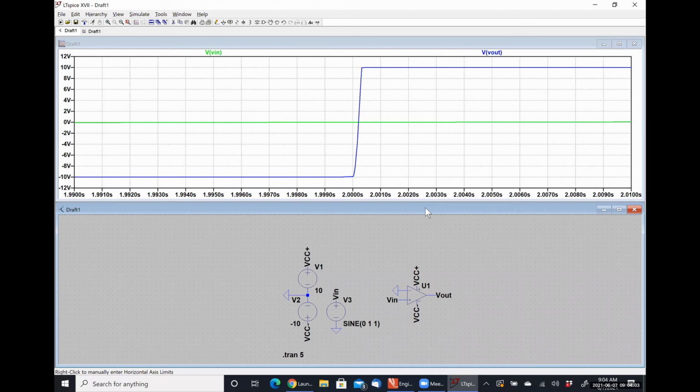So it's not a true square wave, but a true square wave isn't a true square wave either because it always takes time to switch from the negative half cycle to the positive half cycle. So it's as good as we're going to get.